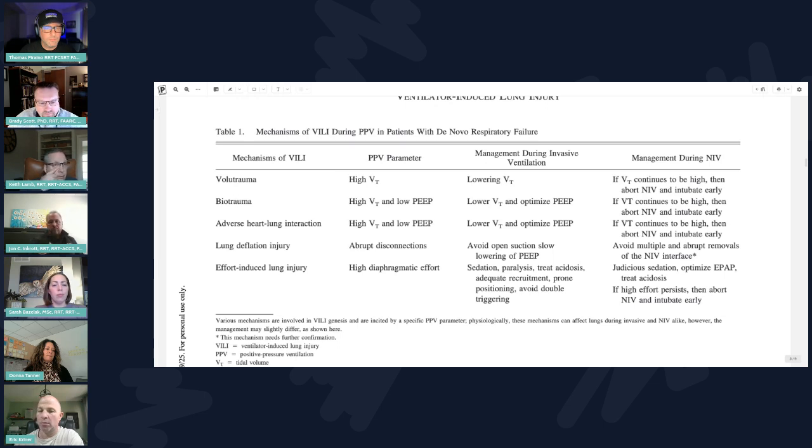Yeah, that's a really good point. I think it's important to talk about this. It's important to understand that an improvement in oxygenation or gas exchange in general, but oxygenation specifically, does not correlate well all by itself with improvements in outcomes.